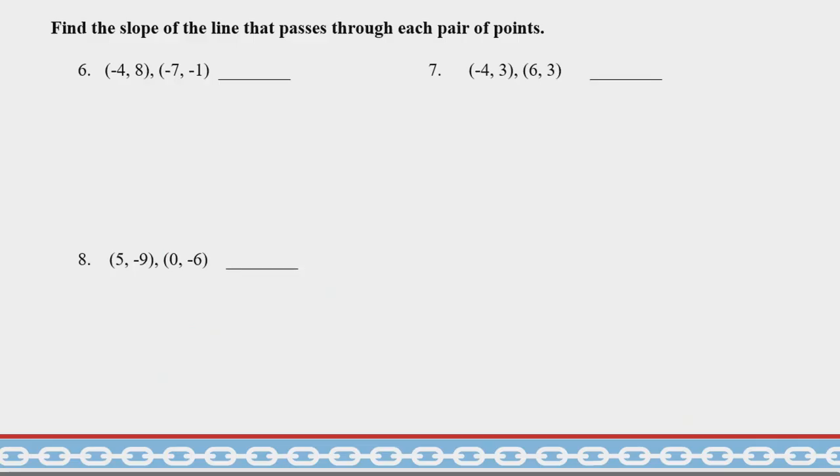Finding the slope using 2 points, change in y over change in x. Label out your points. Call this P1. This one's P2. Y2 minus Y1 divided by X2 minus X1.